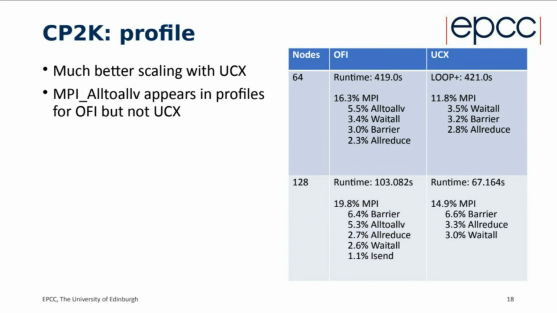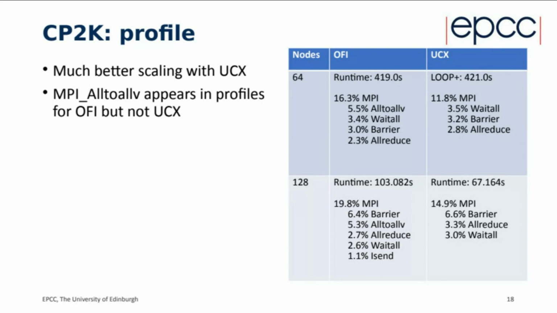So maybe OFI has been particularly well optimized for one way of calling it, or for particular data sizes, whereas for another size, maybe more effort has gone into improving UCX performance, or it is just naturally better performing there.